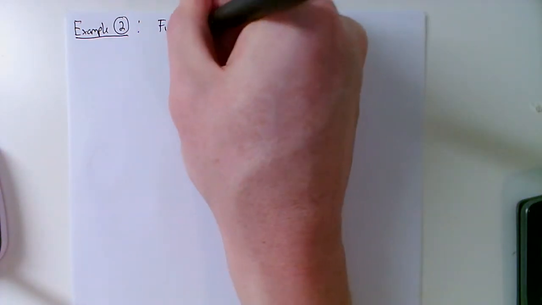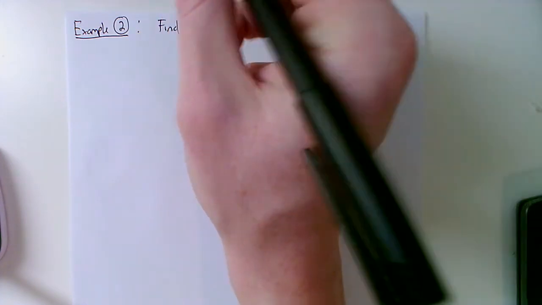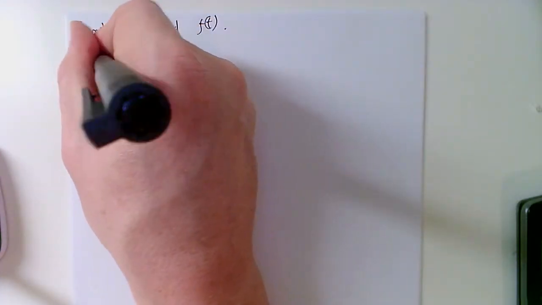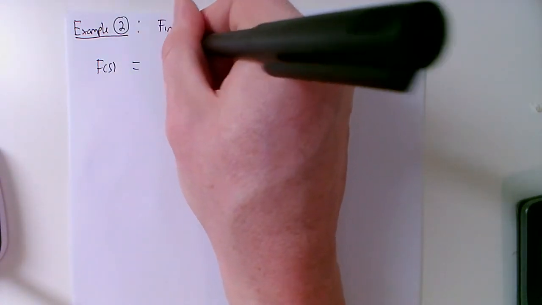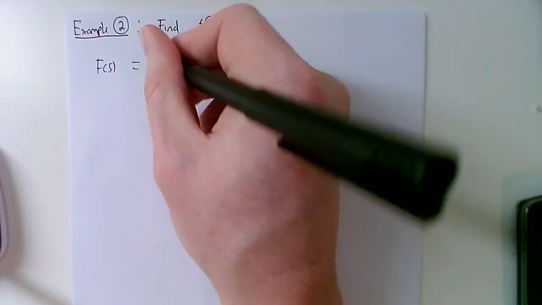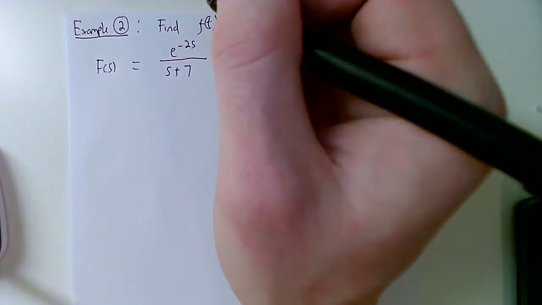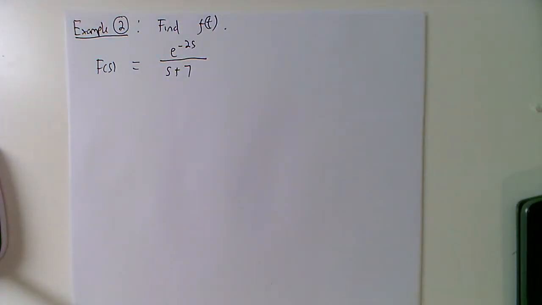So find f of t. F of s equals e to the power of negative 2s over s plus 7. Now this might not immediately be clear that it's an exponential multiplying a function that you can inverse Laplace transform.